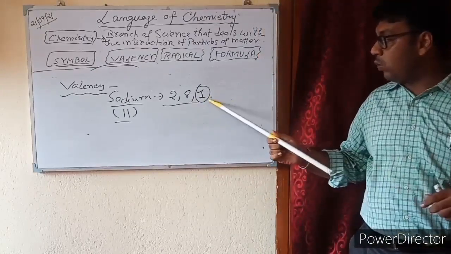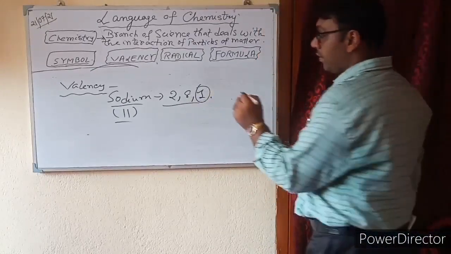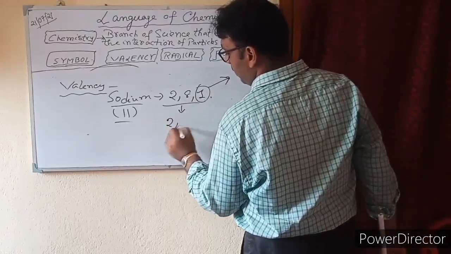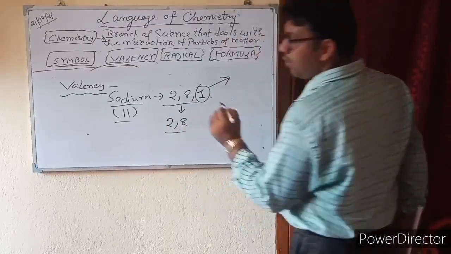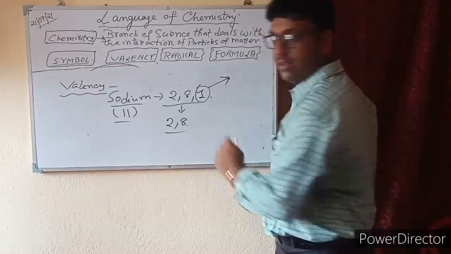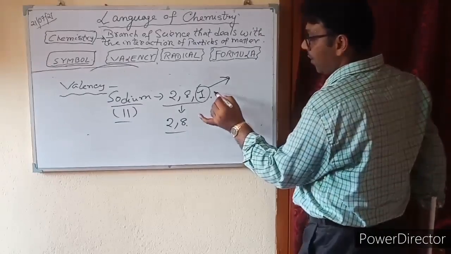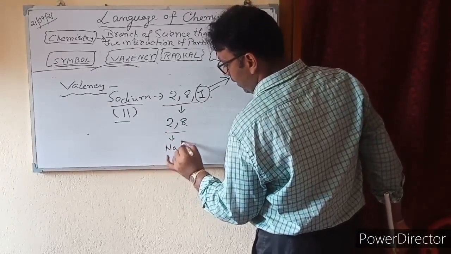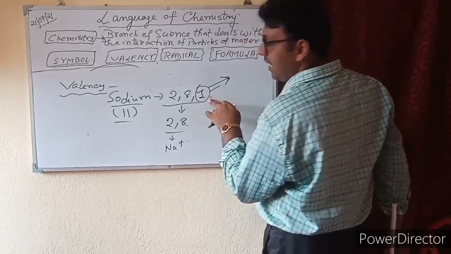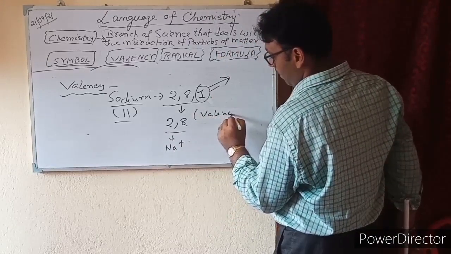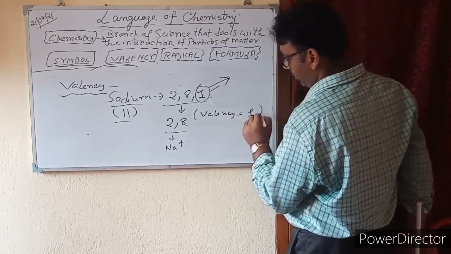Now if sodium releases this 1 electron it will attain stability. Now it becomes 2, 8, and 8 we know, if 8 electrons are there on the outermost shell, that is octet stability. How many electrons does sodium lose? 1 electron. That means it becomes now Na plus. 1 electron it loses, that is why its valency is 1.